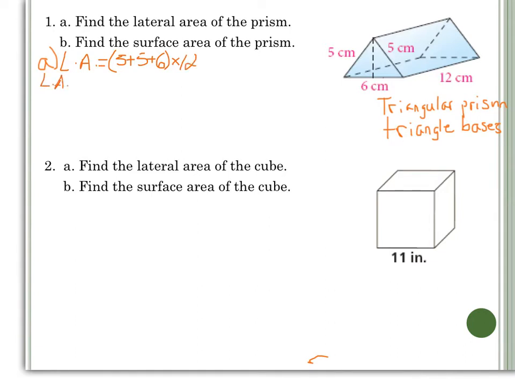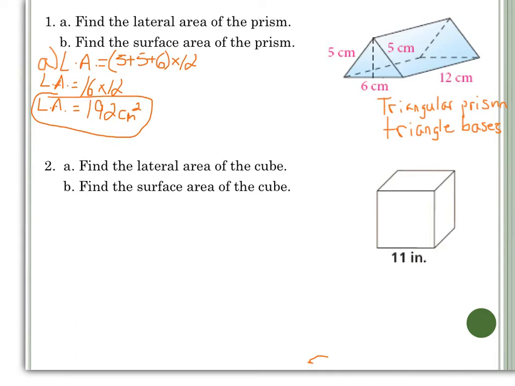So our lateral area is 16 times 12, or 192 centimeters squared. Okay.